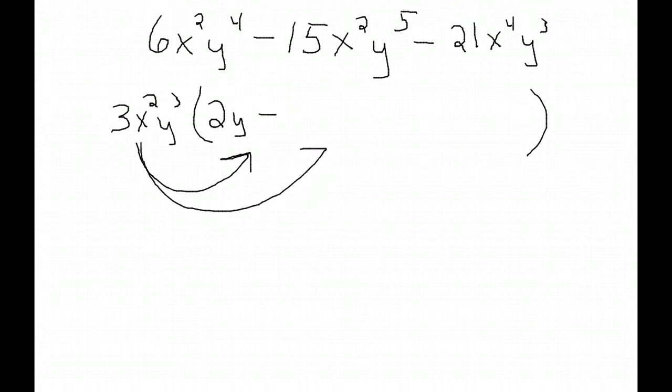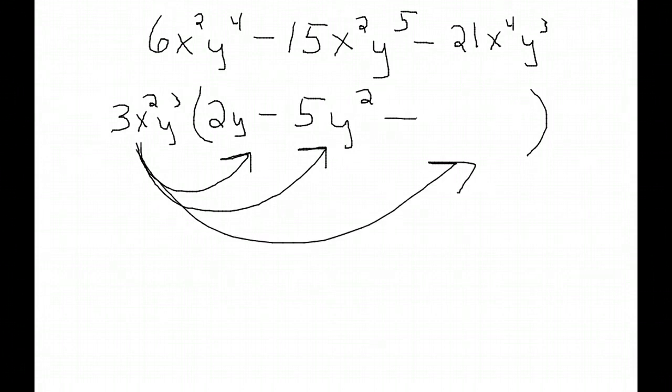3x squared y cubed times what will give me 15x squared y to the fifth. Well, I need a 3 times 5. I don't need anything for the x squareds because it's already there, and then I need a y cubed times y to the second. Then I go to the last term and do the same thing. I put my sign down, and then I say 3 times what will give me 21.